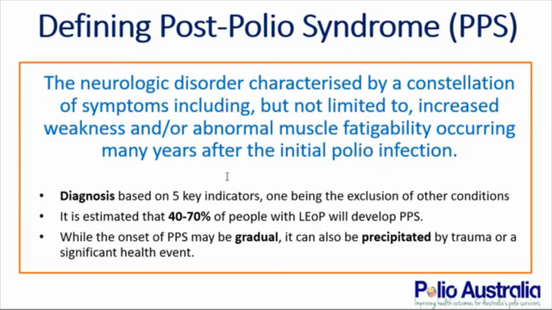In that estimated 40 to 70%, I'll just make a note that in our survey that we ran at the turn of this year, the respondents were 50-50 of those who had an actual diagnosis of post-polio syndrome versus those who didn't.